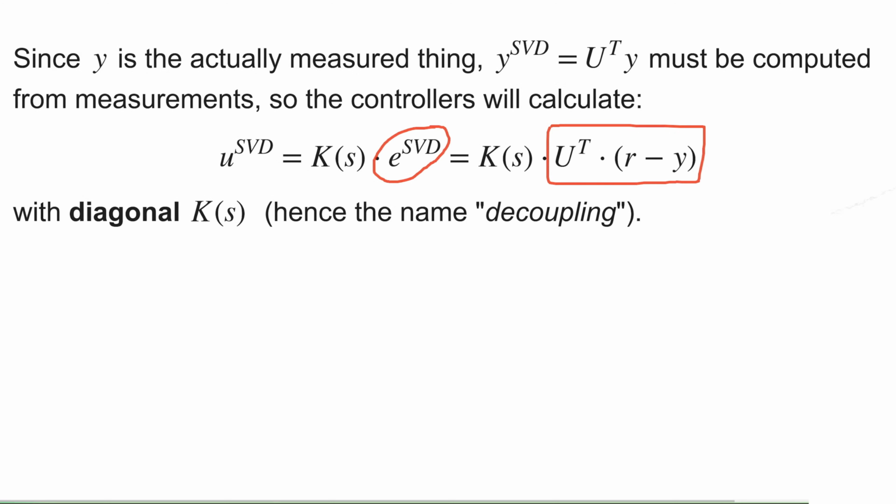Then I will design a controller K of S. As from YSVD to USVD the apparent process at low frequencies is a diagonal matrix, it means that at low frequency, for slow signals, the first component of SVD error seems decoupled from the second one, in the sense that only the first component of USVD seems to have effect on the first component of SVD error, and likewise with the second one.